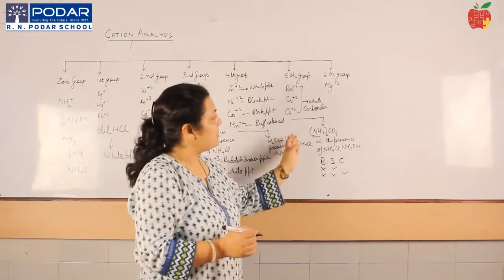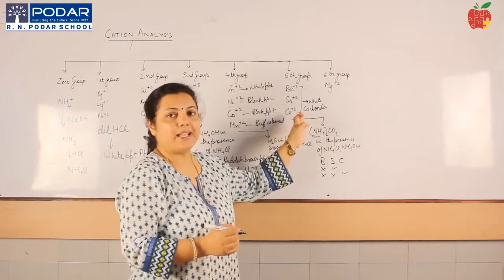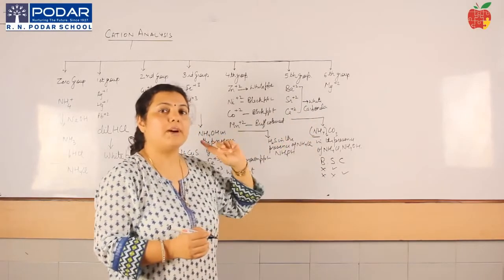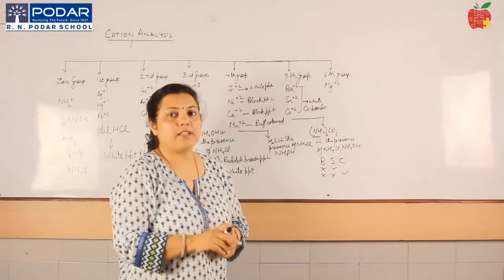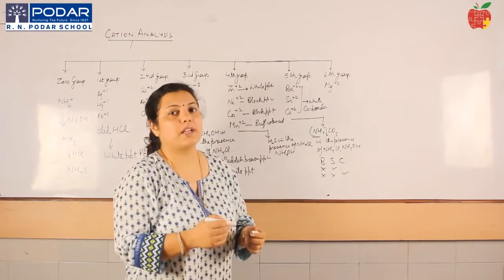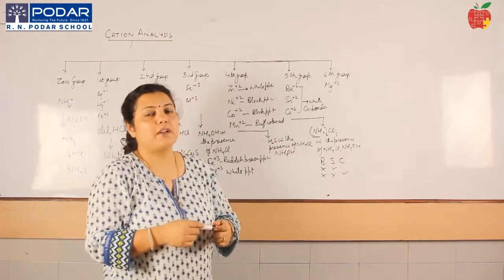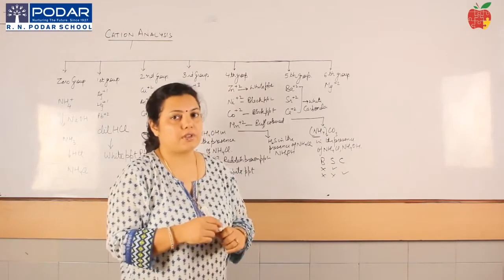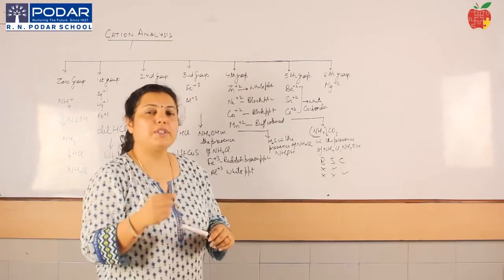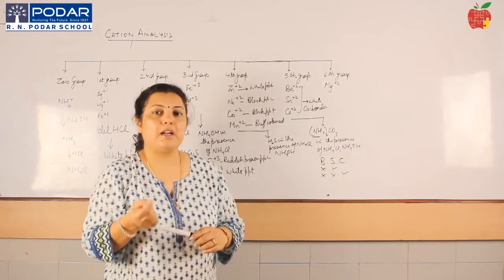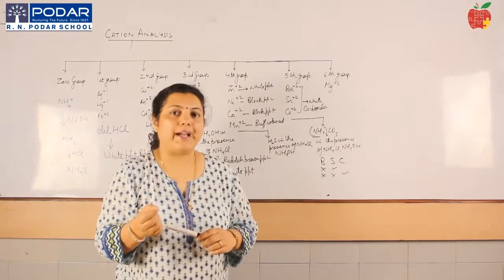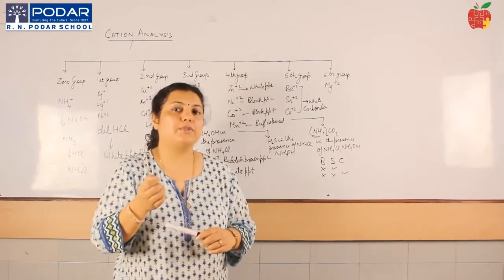Okay, so now one more way by which you can have an indication of the kind of cation which is there, whether it's barium or strontium or calcium, is to do a flame test when you do the preliminary observation. In the flame test, you will make a paste of salt with concentrated HCl, take it on a platinum loop, and then put that paste into the flame.